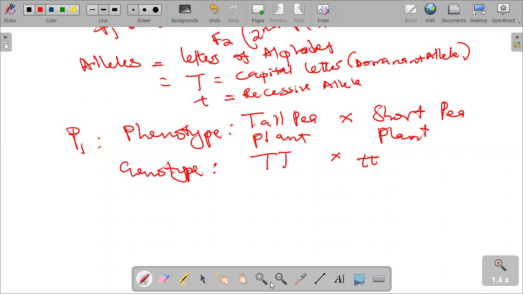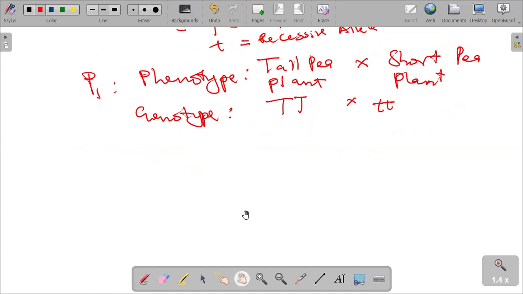Then, after showing the genetic diagrams, meiosis must occur. Meiosis has to take place. When meiosis takes place, it gives us what we call gametes.